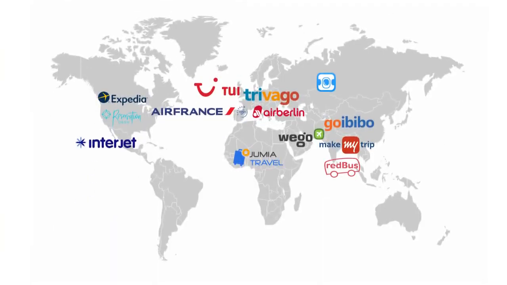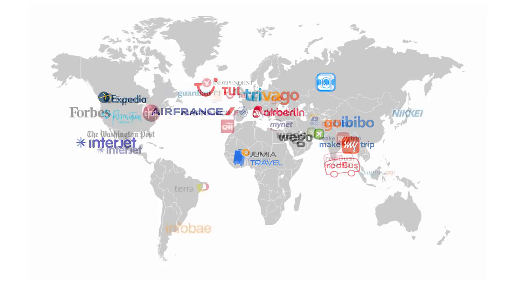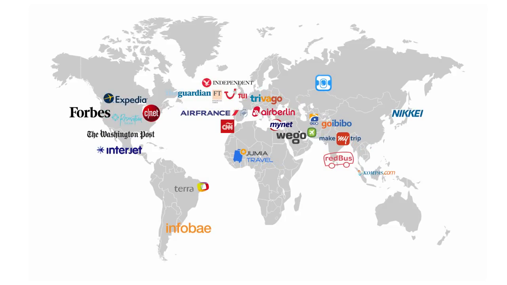Speaking of, we've been so excited to see the incredible momentum on progressive web apps around the world. Large companies such as WeGo, Expedia, and Trivago have all rolled out successful progressive web apps. Publishers like Infobay and Forbes have launched progressive web apps, and Forbes has seen a doubling of user engagement since their launch.